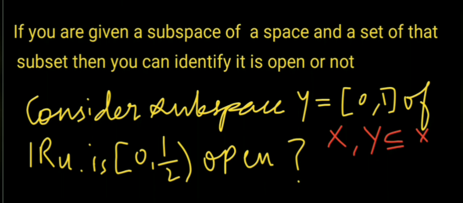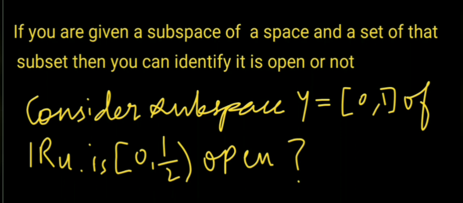As you can see, consider the subspace Y equal to the closed interval [0, 1]. This bracket is known as a closed bracket. We are given the space R_U, that is the usual topology on the set R. Then the question is: is [0, 1/2), closed at 0 and open at 1/2, open or not?